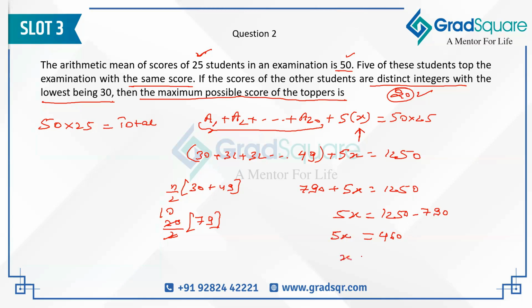So what should be the value of X? 460 divided by 5. 5 9s are 45, 5 4s are 20. So 94 should be the maximum score of the topper. No, this should be 92. Sorry. 460 divided by 5 should be 92. And 92 should be the answer for this particular question. Each of these toppers would have scored 92 marks.